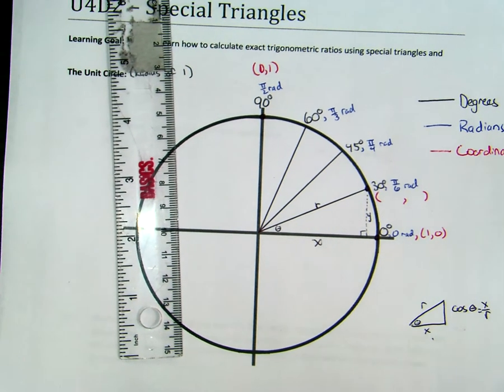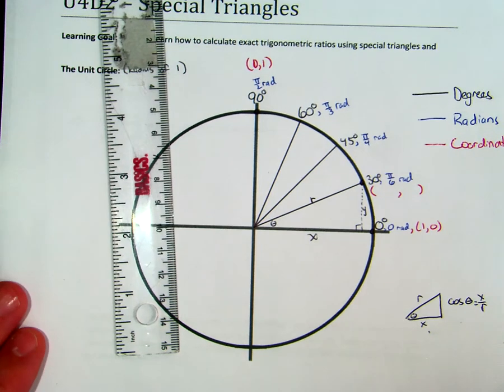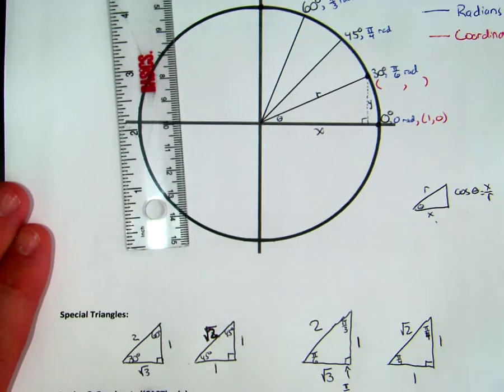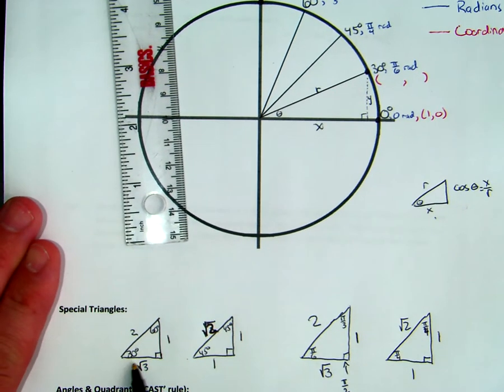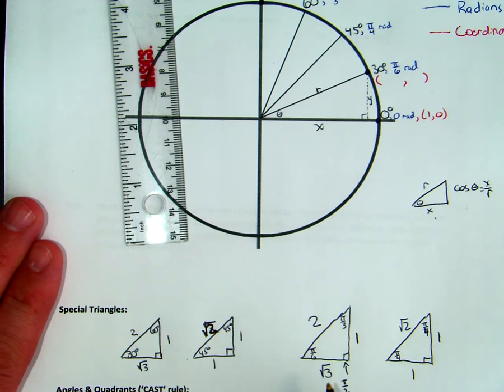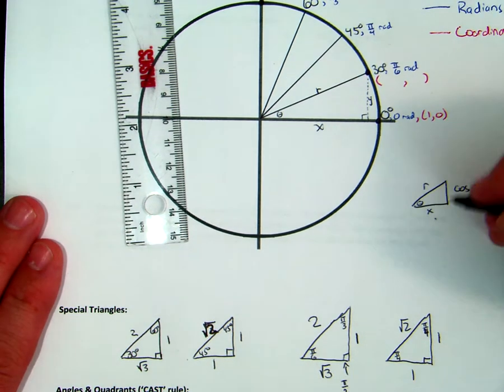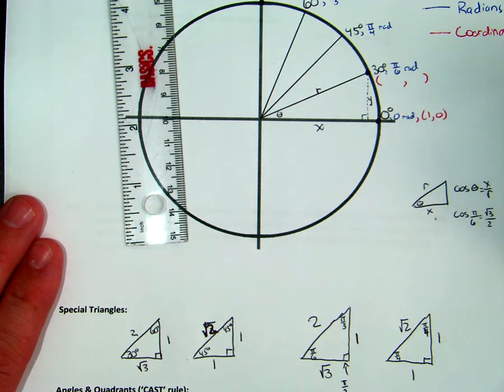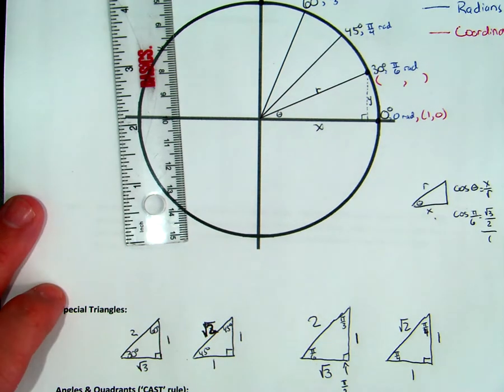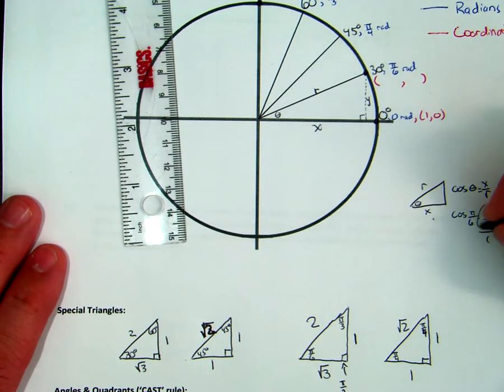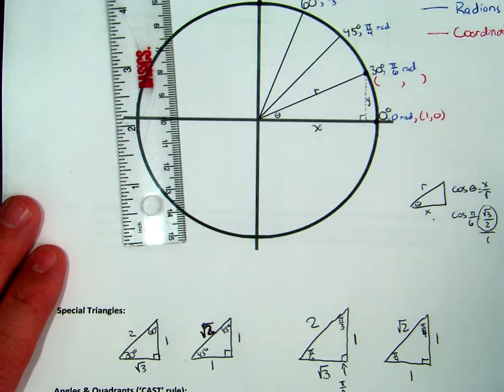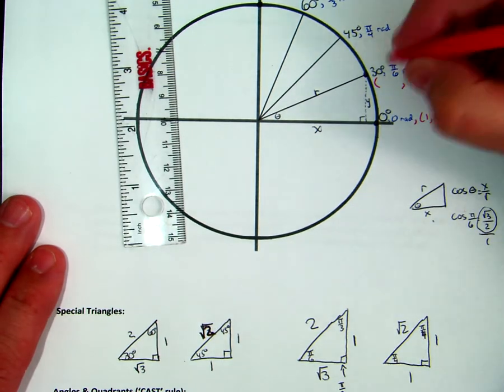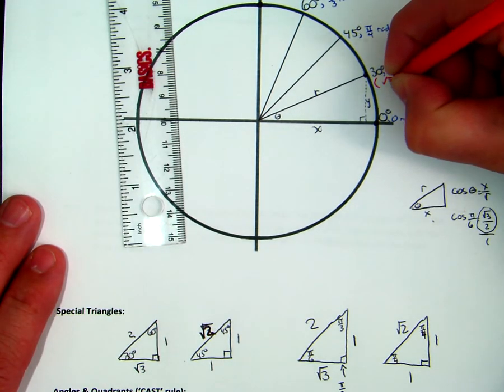So cos theta, and this is 30 degrees, so I go back to my unit circles from down here. Cos of 30 degrees, or cos of pi by 6 radians, would be root 3 over 2. So cos of pi by 6 would be equal to root 3 over 2. And then the radius is 1, so it would be over 1, but that really doesn't affect it. So that is my x coordinate. So on the unit circle, I can put root 3 over 2.